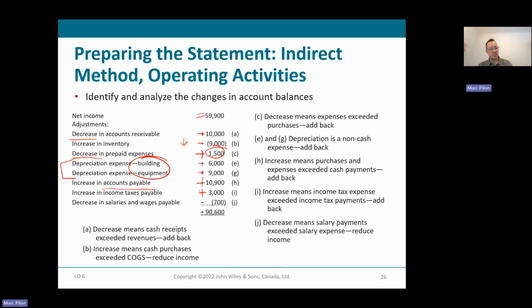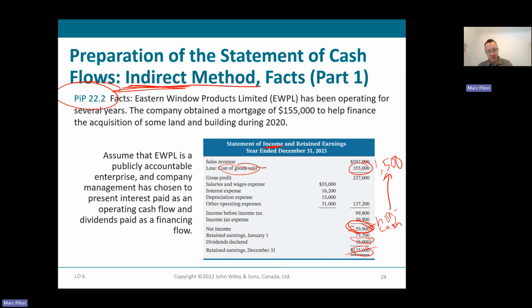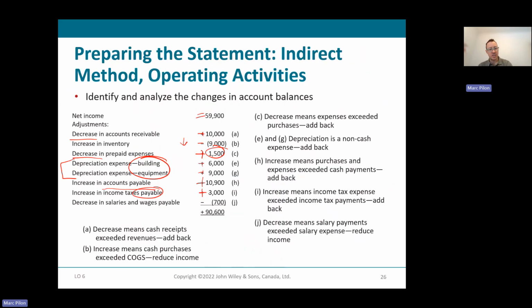Increase in income tax payable, so that would have been an expense here, income tax expense, of which 3,000 is non-cash. And then I paid $700 more in accounts payable last year than this year. That would be downward pressure on my cash balance.